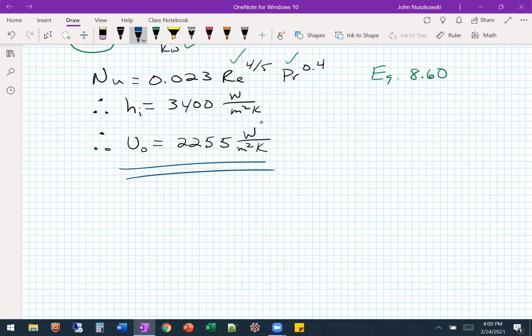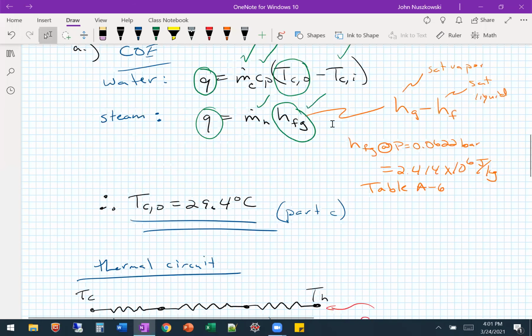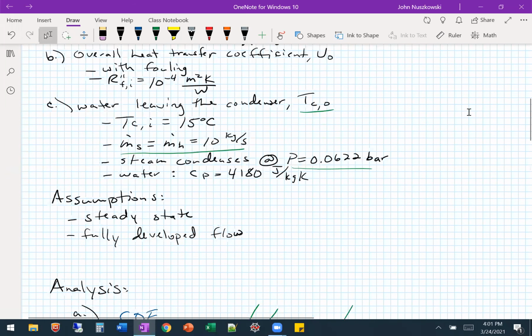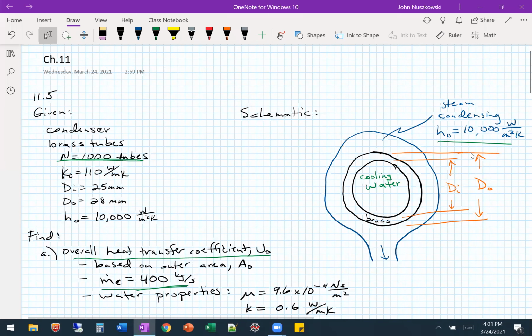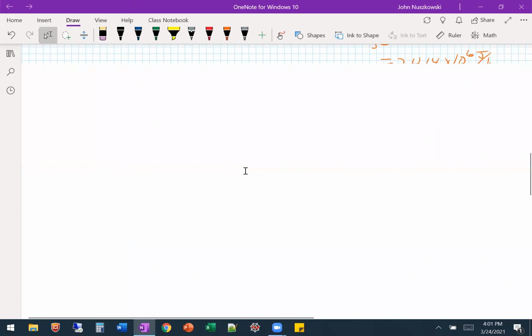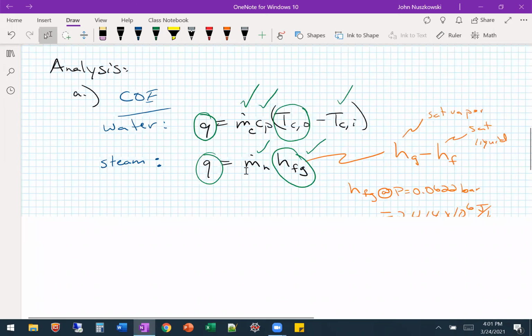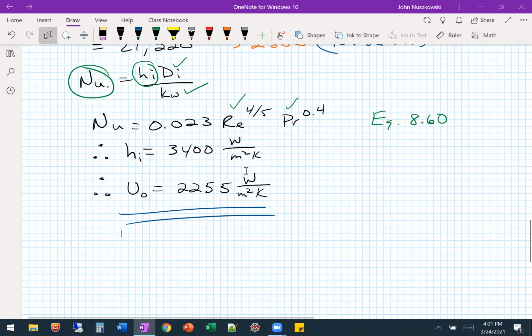Okay, and we see it's close to the convection coefficient on the inside surface versus much further from the 10,000 on the condensing steam. So really the limiting factor in the thermal circuit is the convection from the cooling water side, and not the condensing steam's convection coefficient, because that's a very high one, right?